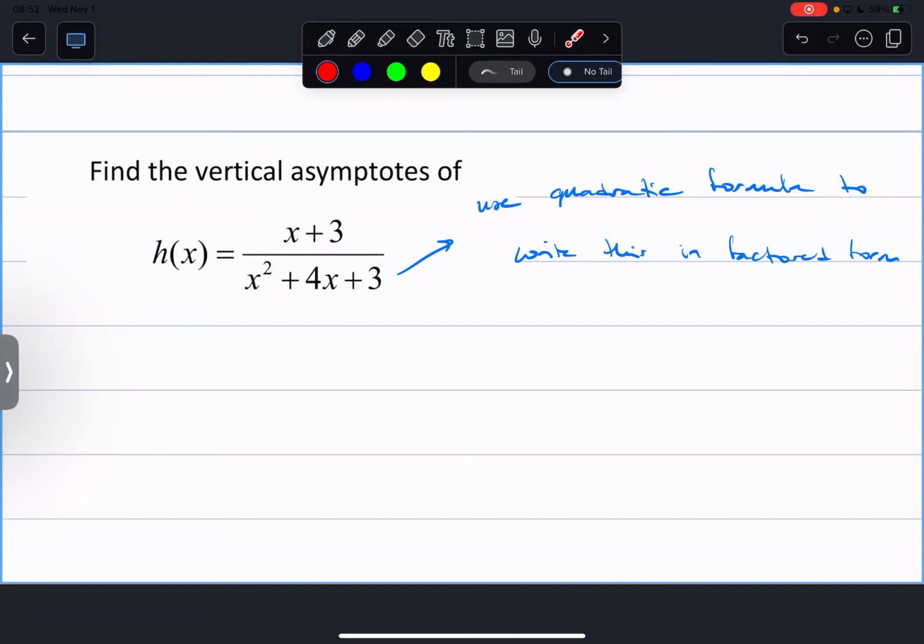X plus 3, step it down. My brackets. How do I use this calculator?